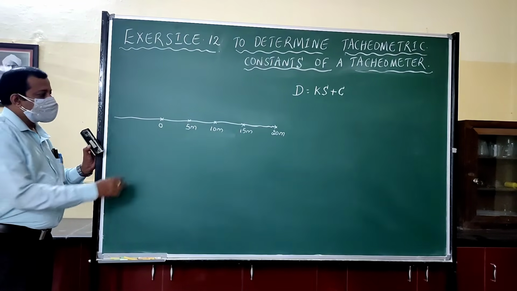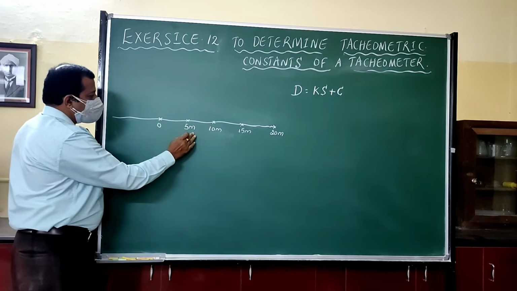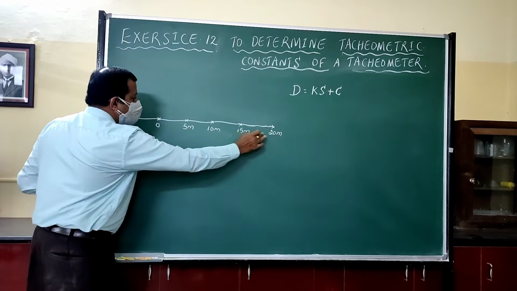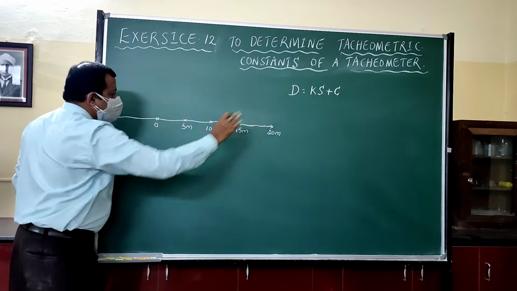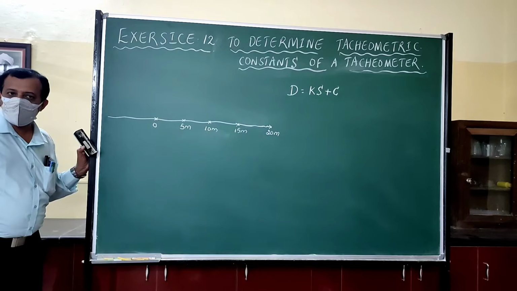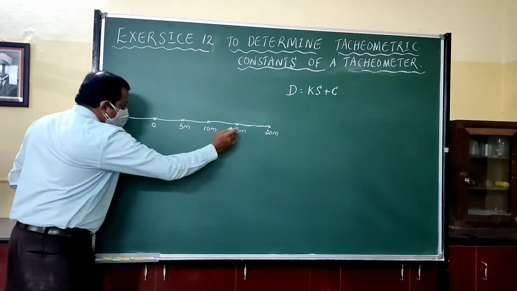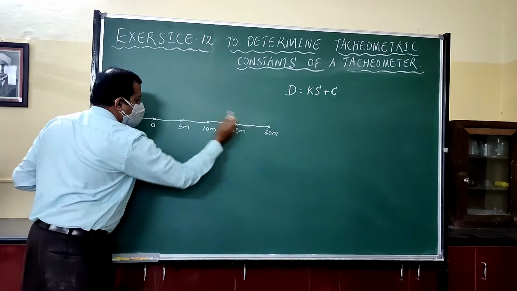This is the 0 chain edge, then 5 meter, 10 meter, 15 meter, 20 meter. Using the tape, divide the ground into 4 parts.